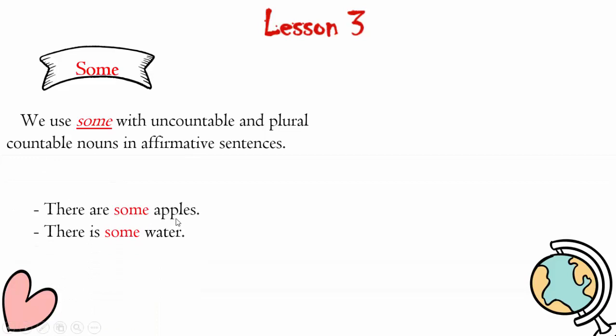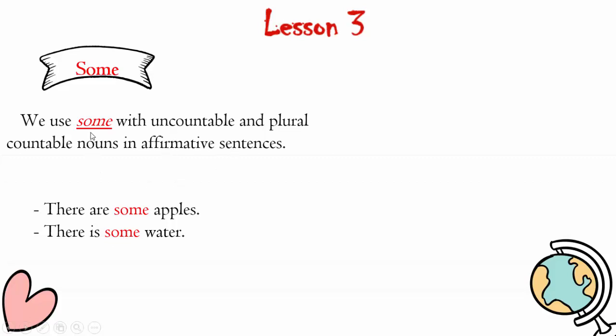Okay, here we have an example. There are some apples. Here we used some because apples is plural countable, and it is an affirmative sentence. We use some in affirmative sentences with plural countable or uncountable nouns. There is some water. Water here is uncountable, something you can't count, and we use some because it's an affirmative sentence.